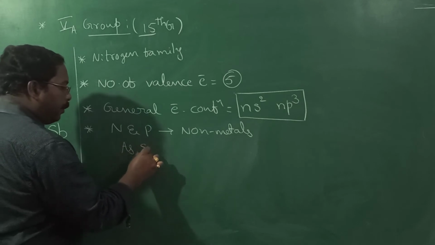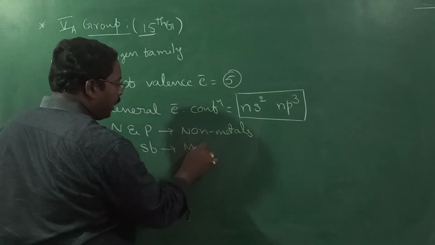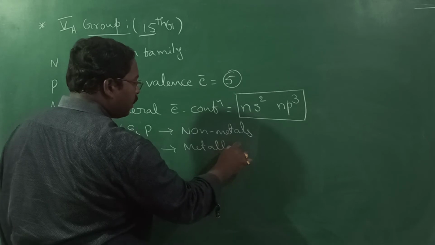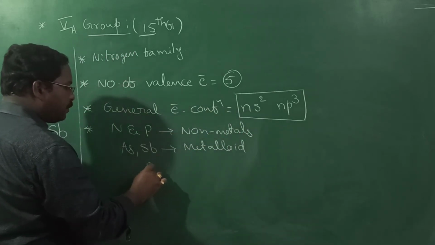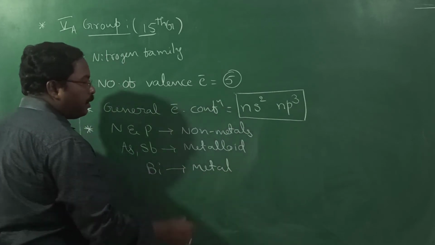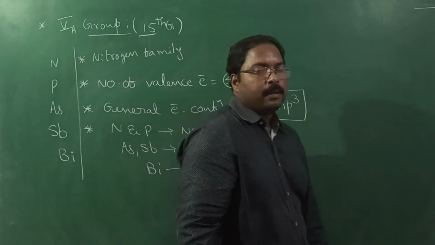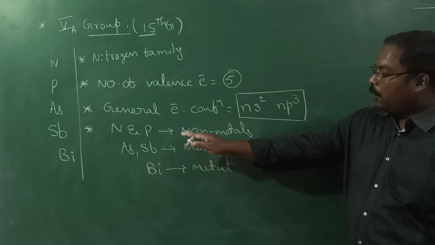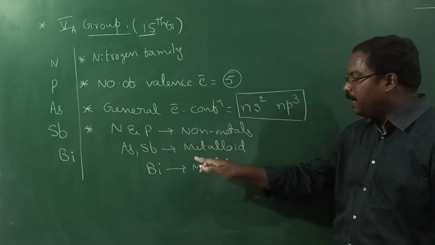Arsenic and antimony will have metalloid characteristics. Bismuth will have a purely metallic nature. Okay. So starting elements are non-metals, bottom is metal, middle are metalloids.